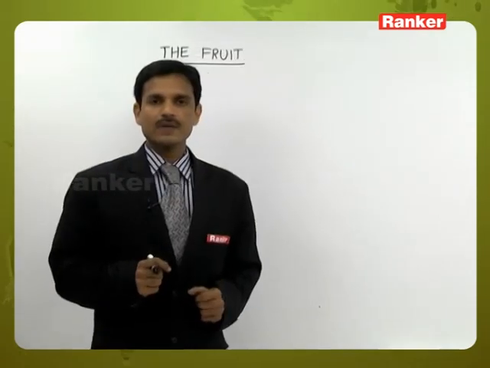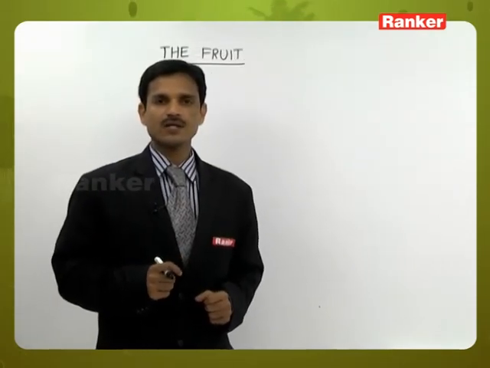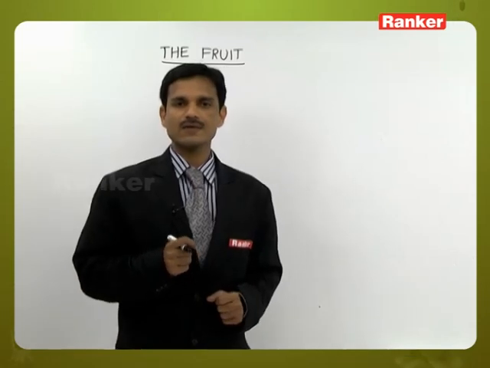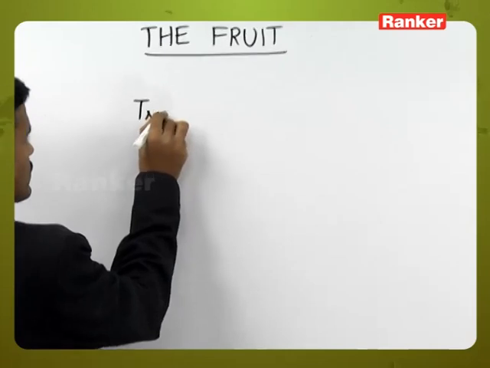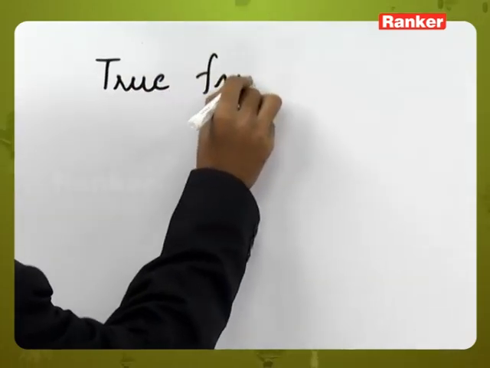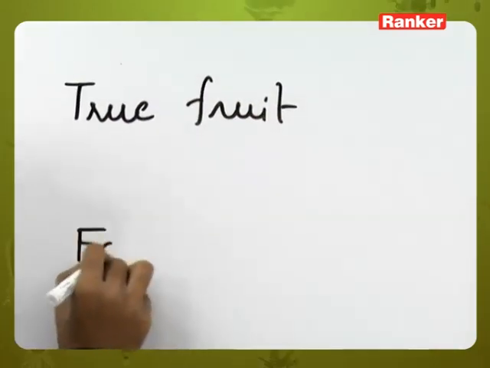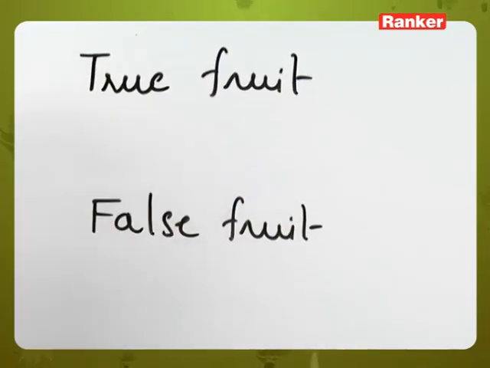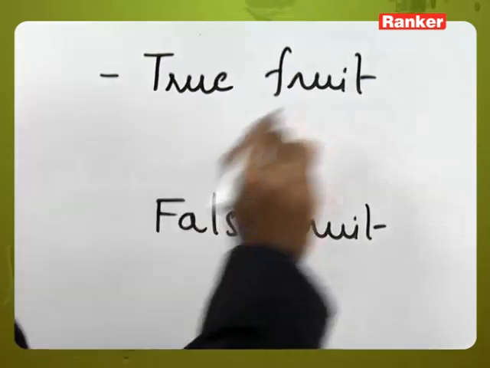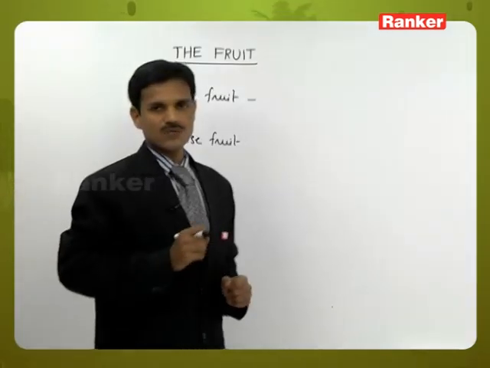And the fruits are mainly of two types. One is true fruit and the second one is false fruit. So what is true fruit, what is false fruit?